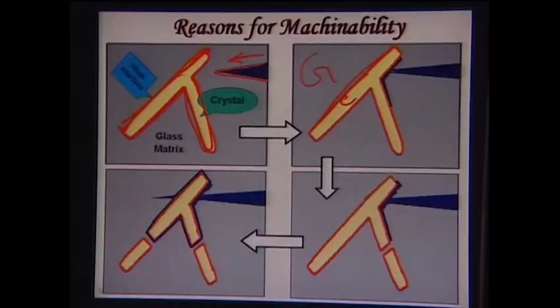Now, the crack will initially try to get deflected around this glass matrix interface, but subsequently it will be able to break the crystals and then propagate. Each time the crack comes and interacts with the crystalline phase, some energy is lost in breaking the crystals and in further propagation.